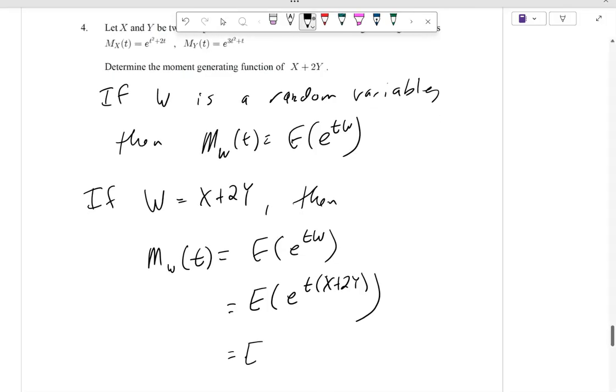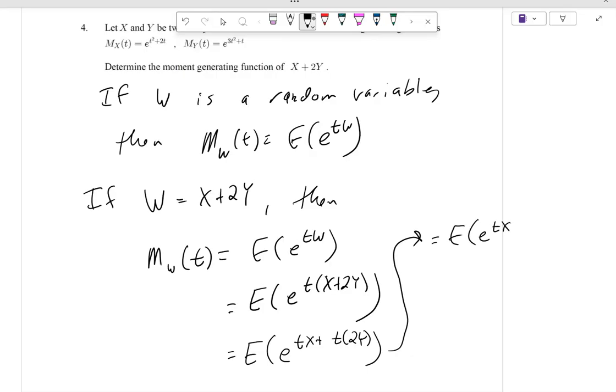Yeah, distributing sounds like a good idea. So we distributed the t through. What do you think we should do next? Ooh, split the exponent. I like that. When you have a sum in the exponent, you split it up as a product.